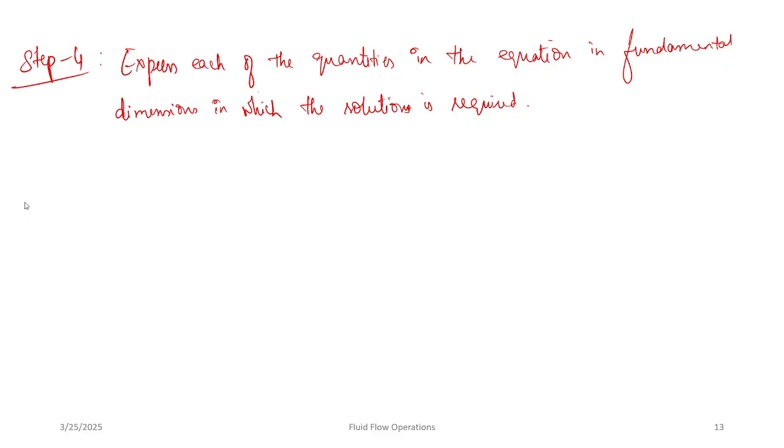So now coming to step 5. By using dimensional homogeneity, obtain a set of simultaneous equations involving exponents a, b, c till m.